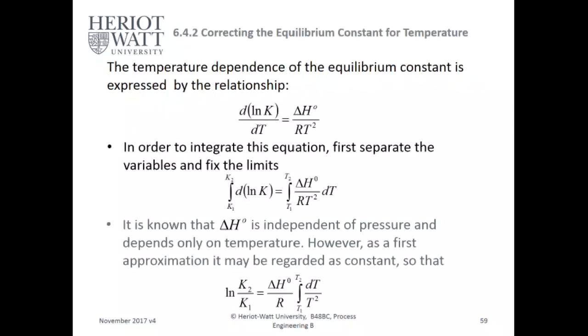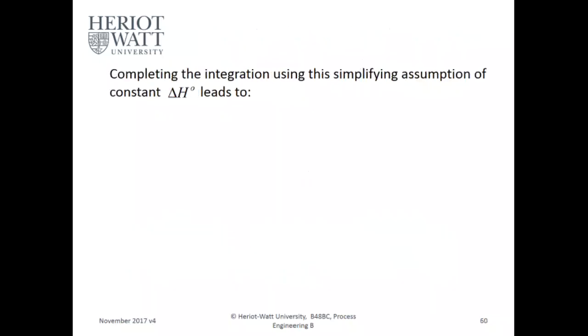So we assume delta H is constant for this purpose. Completing the integration using the simplifying assumption of constant delta H leads to log of K2 over K1 equals negative delta H over R times 1 over T2 minus 1 over T1.